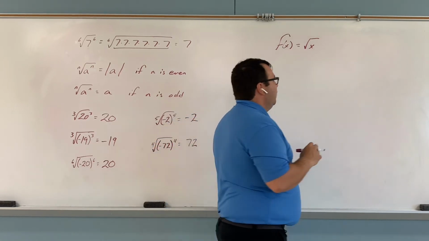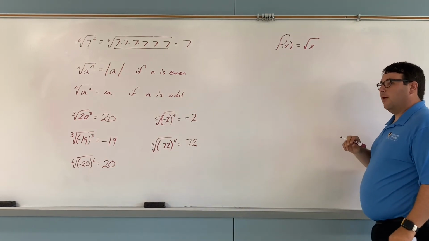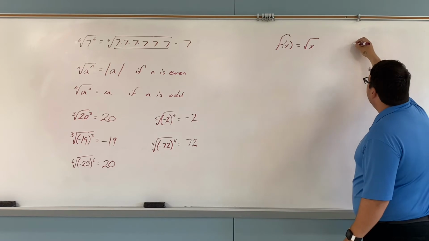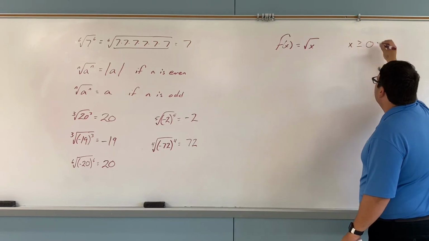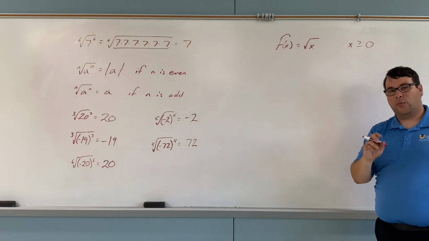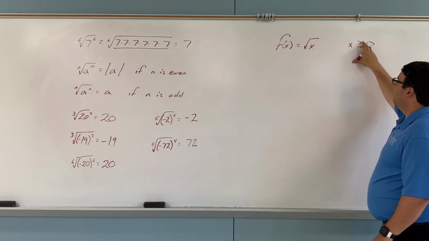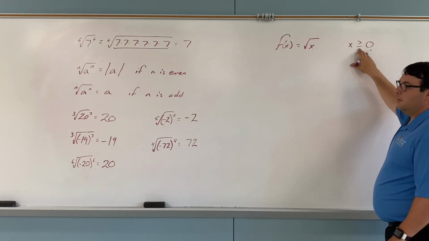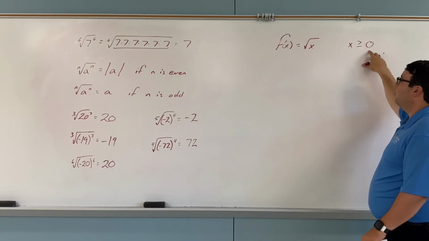So here's what we're going to do. Let's solve for the domain, but we're going to make it very precise how we're solving for the domain. So we're going to say that x must be greater than or equal to 0. So it's slightly different in the way that we've been solving. We're saying that x is greater than or equal to, that's the different part, than 0. Because if I plug 0 in, that still works.